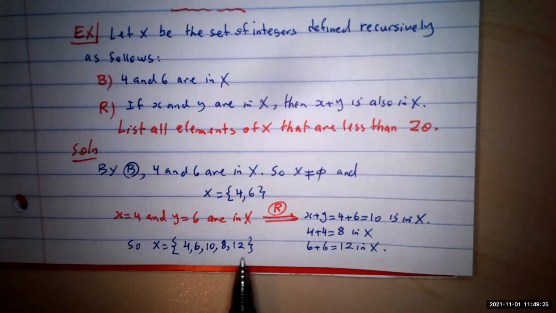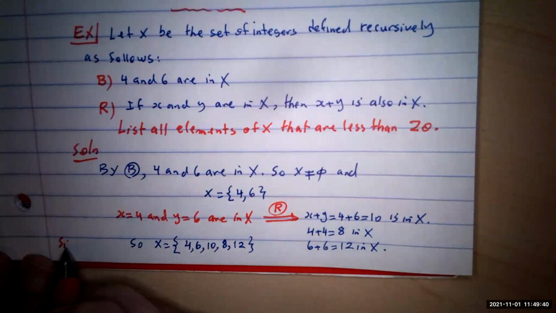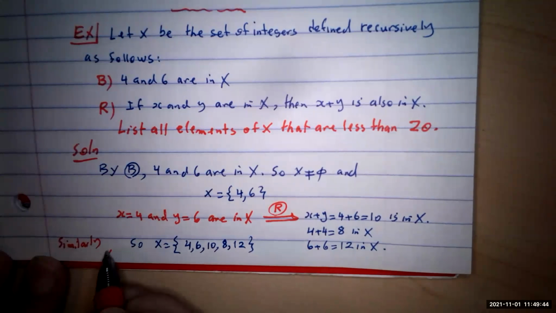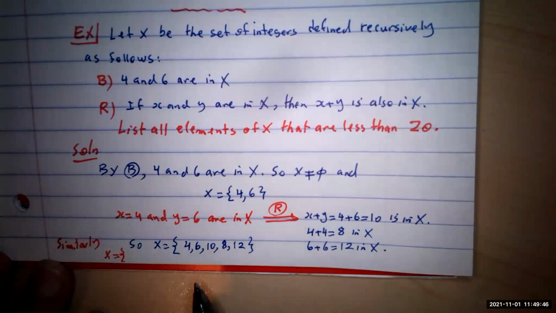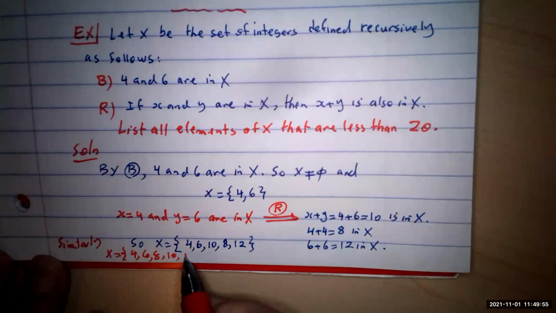You have lots of new parents, if you like. So you can get the combination of the parents to get all the members which are going to be less than 20. Similarly, what I have so far is 4, 6, 8, 10, 12.